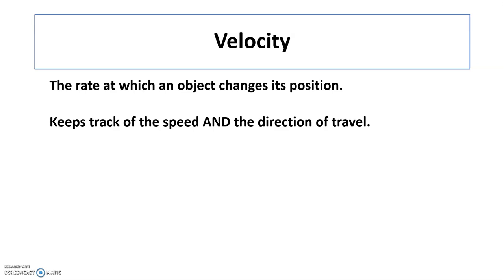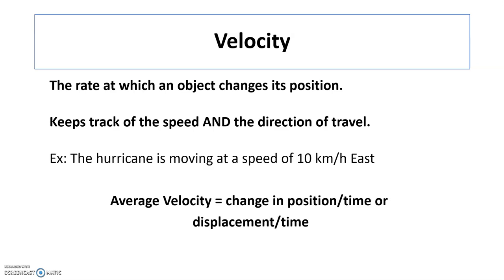Those key terms are very similar, but velocity adds a direction. And so again, the hurricane is moving at a velocity of 10 kilometers per hour east. Average velocity takes a look at the overall change of position over the change of time.